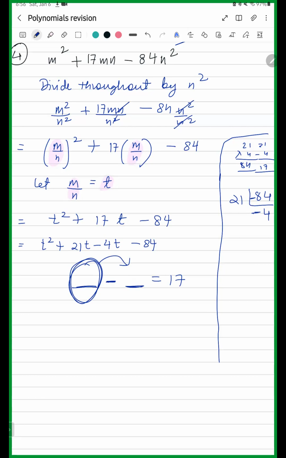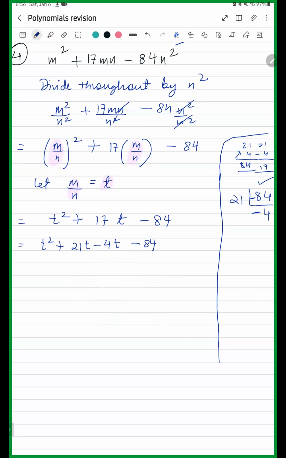Then I thought, if this last digit is 1 and this last digit is 4, the last digit after you multiply them will be 4, so it is satisfying this condition. And we also know that 11 minus 4 is 7. So this has to be 21 minus 4. It's just a little bit of thinking that you can do here.